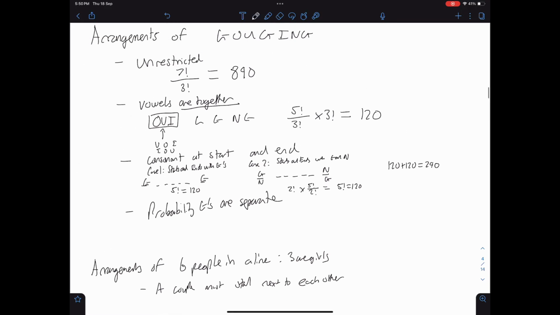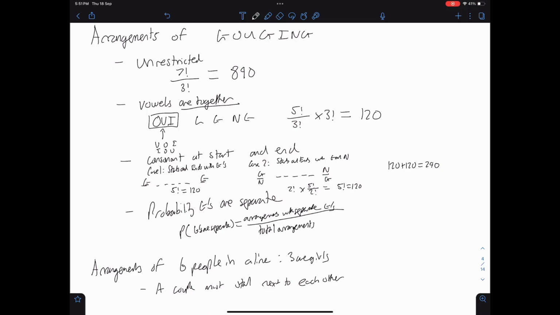Now the probability that the G's are separate would be arrangements with separate G's over total arrangements.